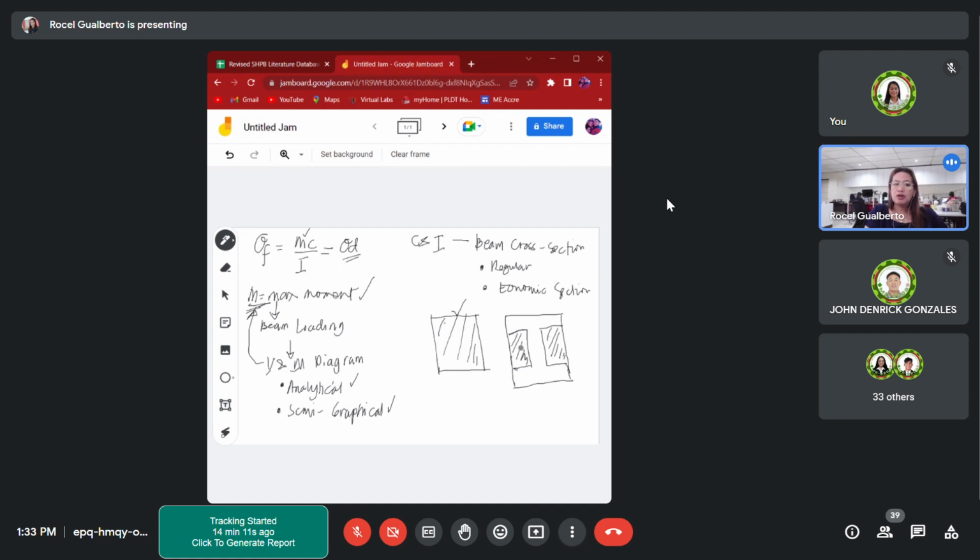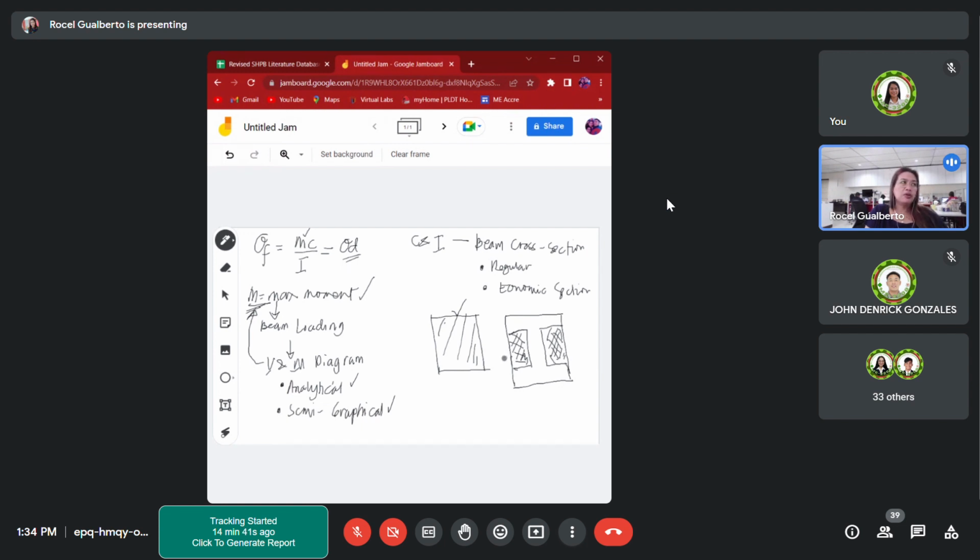So, bakit po ba may economic section tayong tinatawag? Economic section siya dahil natitipid niya yung material, the use of the material. Katulad po nito, ito po yung entire face ng specimen natin. Alin po ba yung natipid dyan? Yung part na shaded, yun po yung natipid natin.